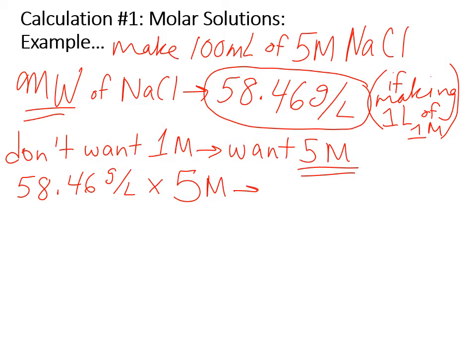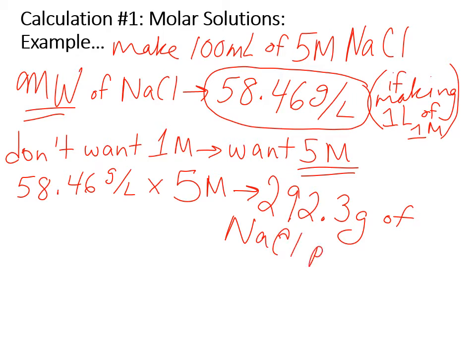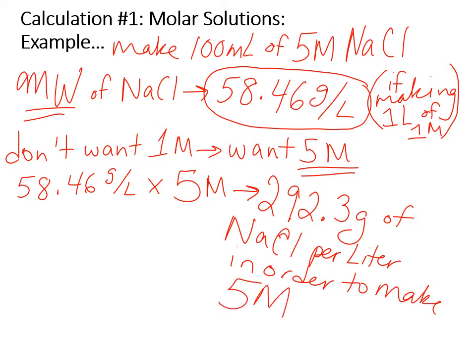And that would tell you that to make 5 moles, you would need 292.3 grams of NaCl. Now we're still per liter, okay, in order to make 5 moles, okay?